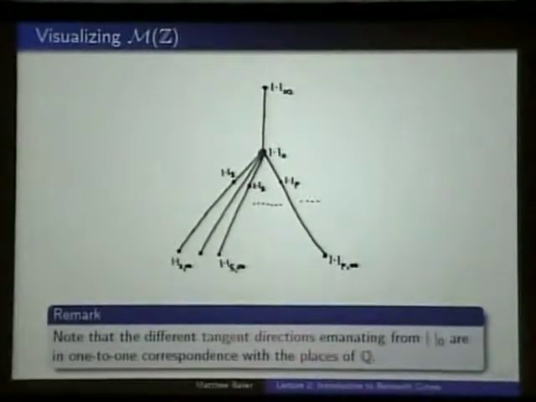And this will fit in well with the various descriptions that I'll be giving of how you should think of these tangent directions. So tangent directions at this trivial point correspond to places of Q.